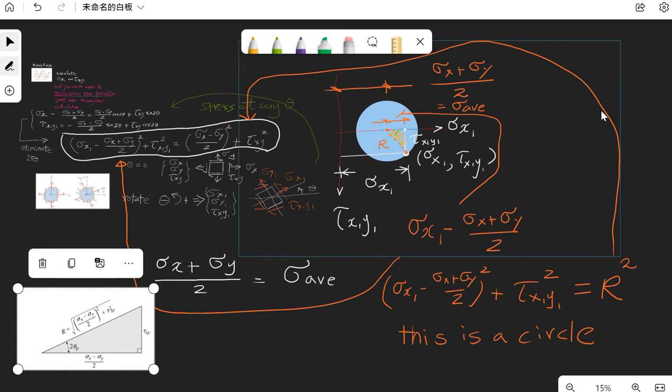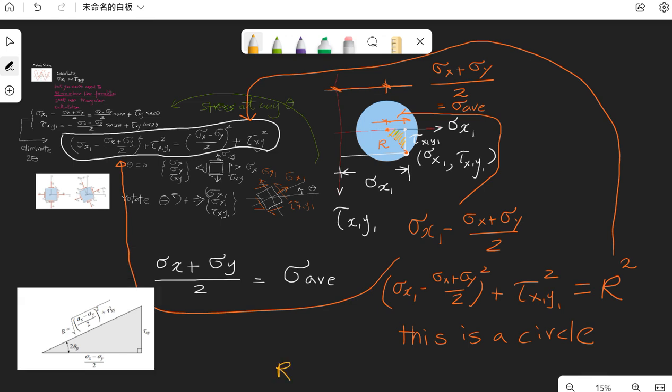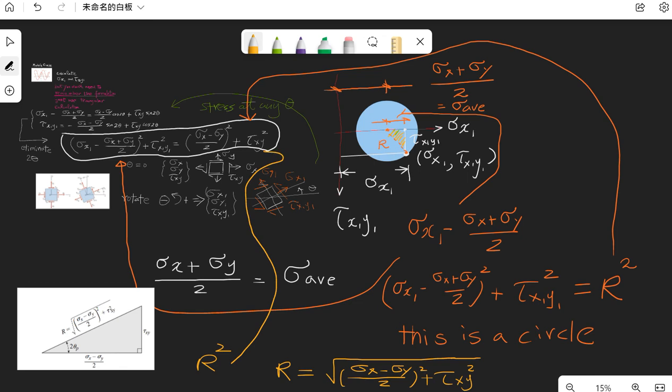So we are very lucky: r is equal to the square root of sigma x minus sigma y divided by 2, squared, plus tau xy squared. So r squared is just equal to this expression.